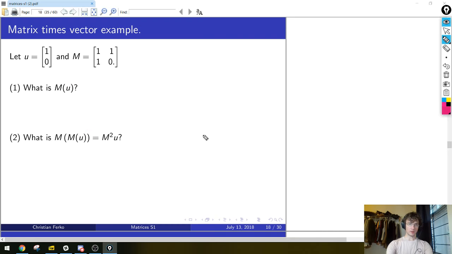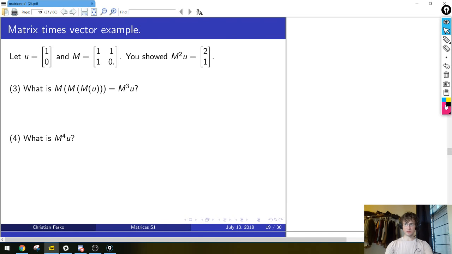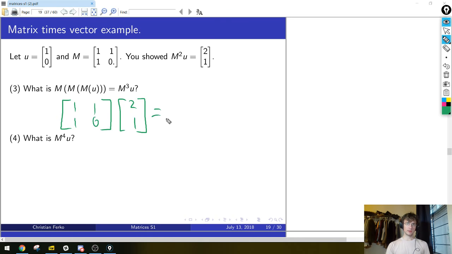Okay, so now we're going to iterate this. Keep in your head that 2, 1 was the last one. So now we're going to do 3 times. M applied to that output, so 2, 1 was the last output. Now we're going to apply M again, 1, 1, 1, 0 to this.